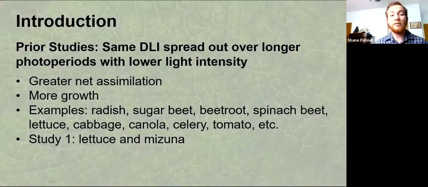From what we already know from prior studies, both within our lab and from quite a few past research years ago, generally you get better net assimilation and more growth, with a bunch of different examples.